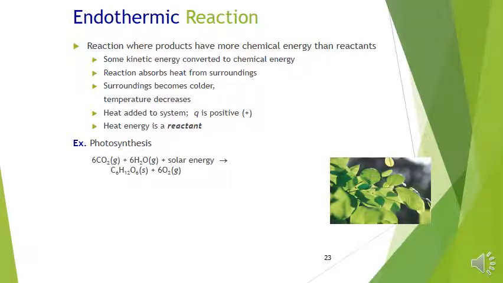For instance, we have photosynthesis. Here are the reactants. You add heat to the reactant side, or energy, I mean, and you produce glucose and oxygen. So these reactions absorb heat, and in this case, the surroundings will actually get colder.